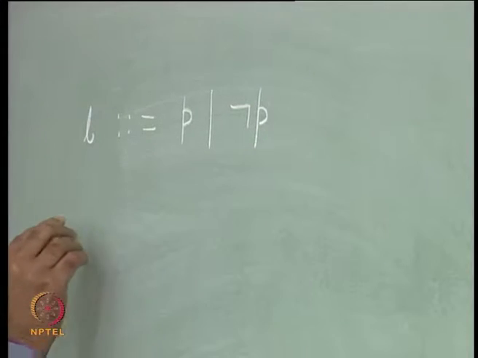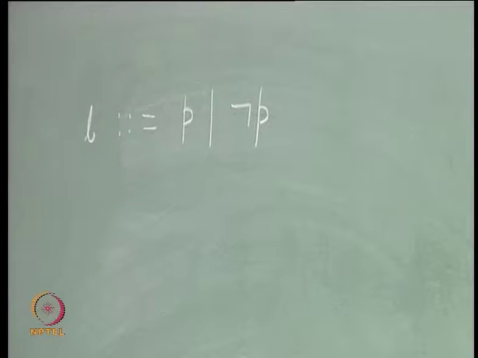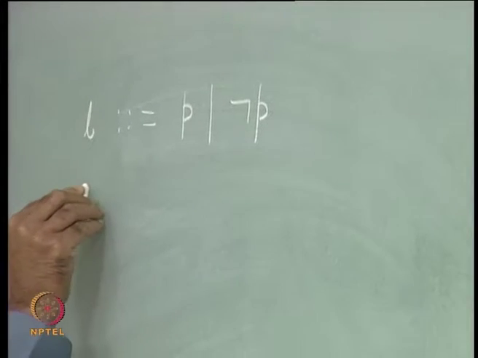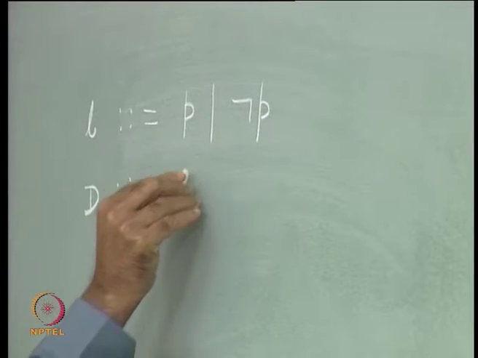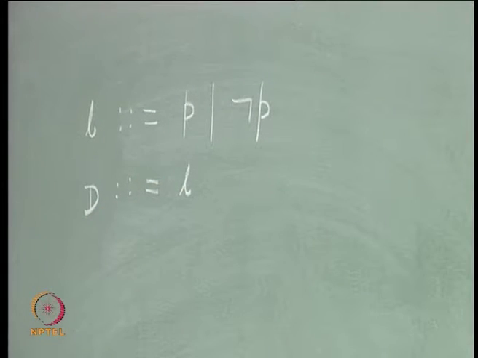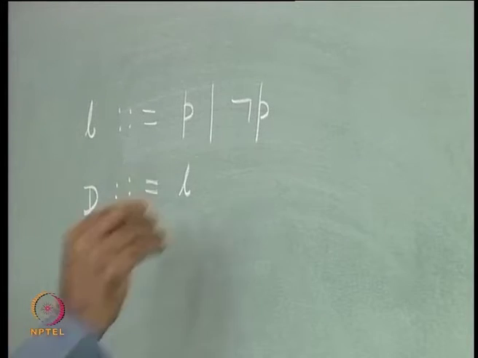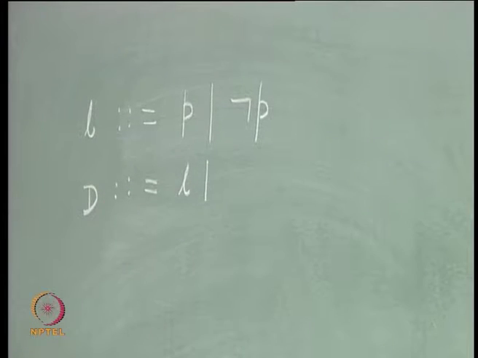Then we come to defining some clauses. So, we say that a disjunctive clause can be a literal or it can be disjunction of two other clauses.